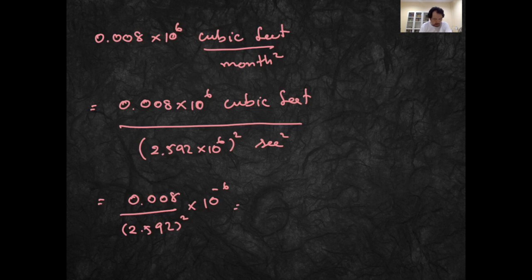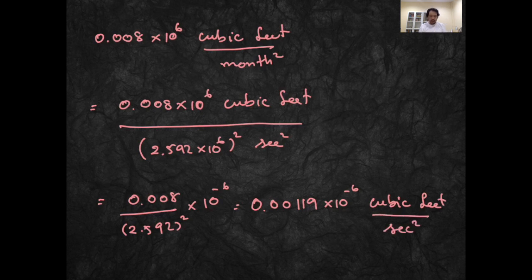Okay, which equals 0.008 over 2.592 square, equal to 0.00119 times 10 to the minus 6 cubic feet per second square.